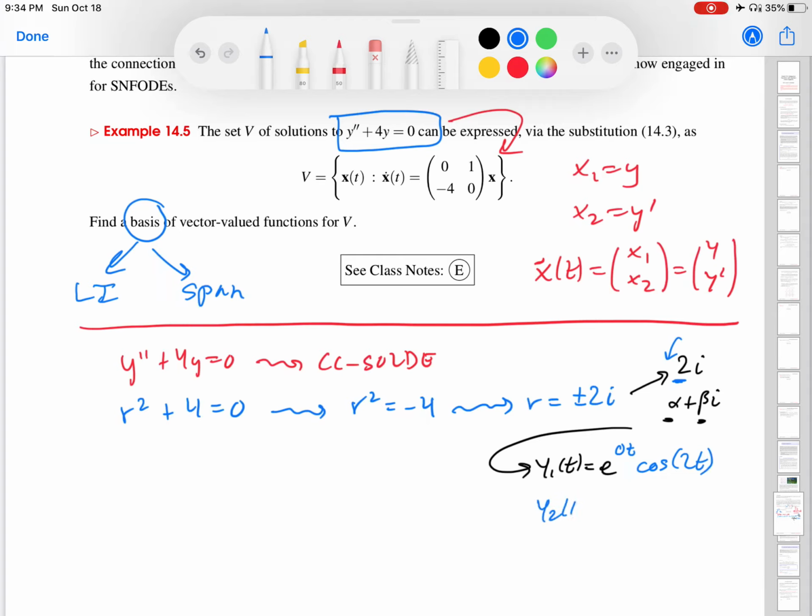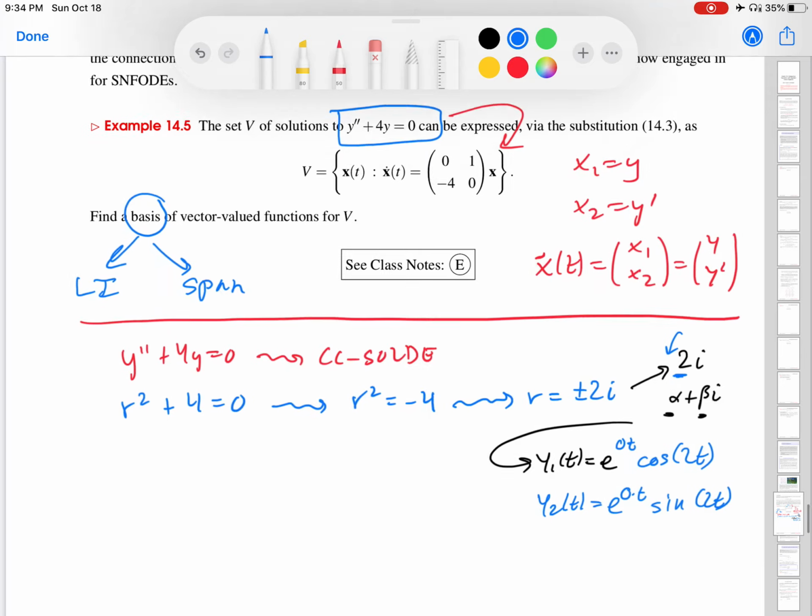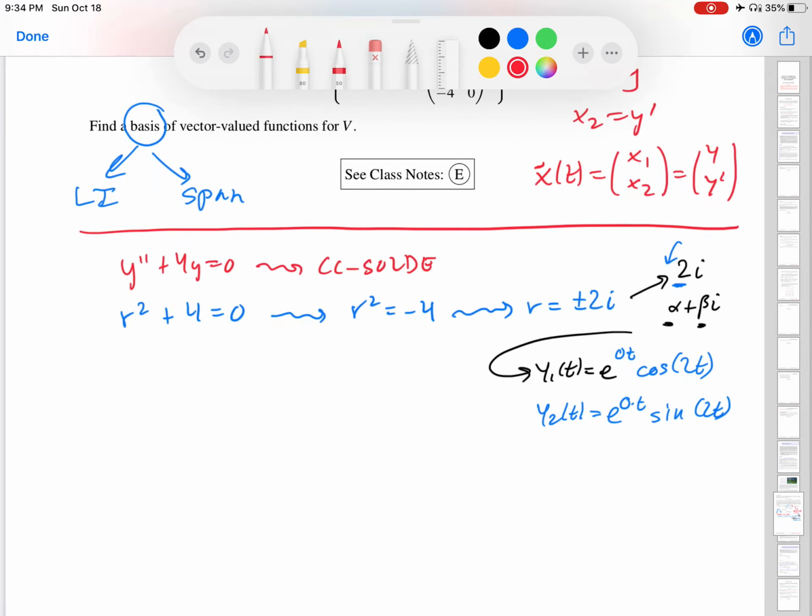And then y2 ends up being e to the alpha t again, times sine of beta t. All right, so if I simplify what's happening here, then y1 of t is cosine of 2t. y2 of t is sine of 2t.